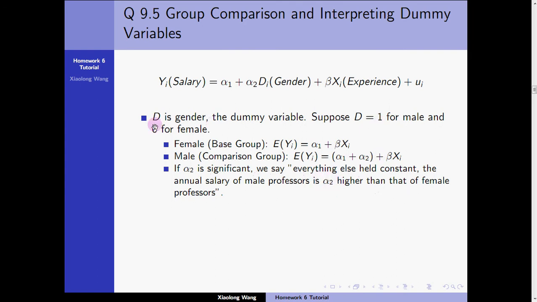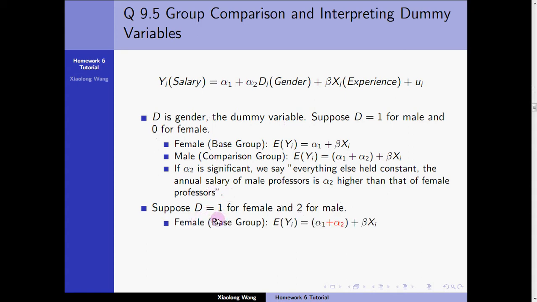1 or 0 may not be the only way to code the dummy variable. We may have other ways to code the dummy variable. Suppose D equals 1 for female and 2 for male. In this way, we have female as the base group again. So if we plug in 1 into the model, we get the expected salary for female equals alpha 1 plus alpha 2 plus beta times xi.